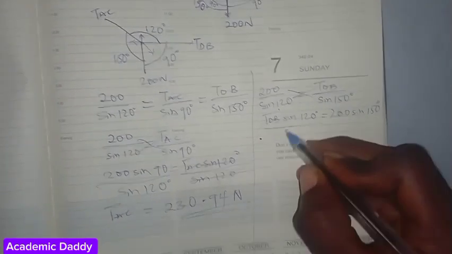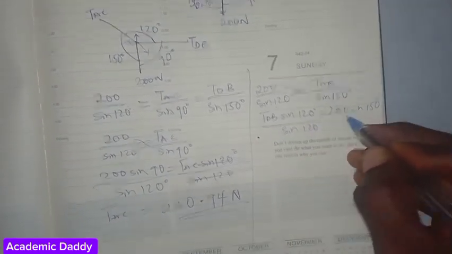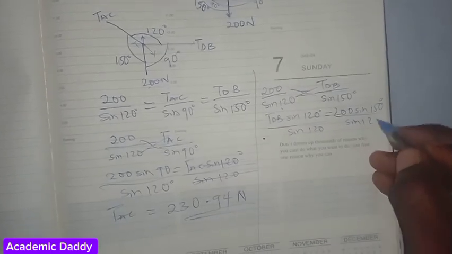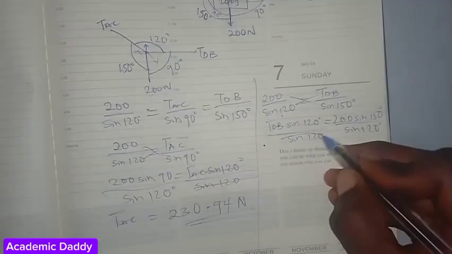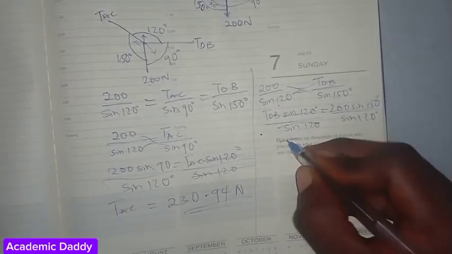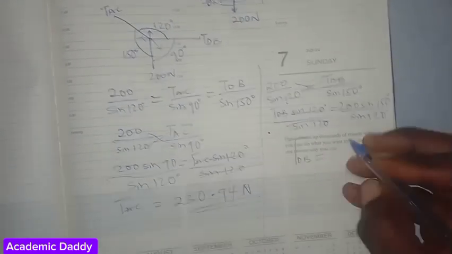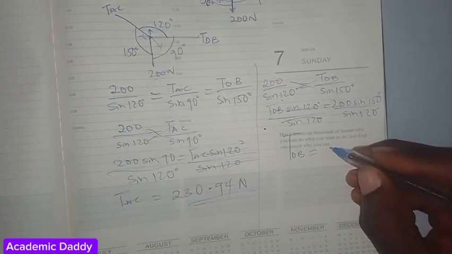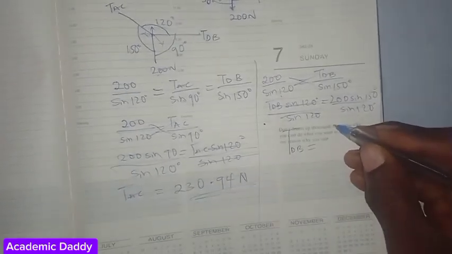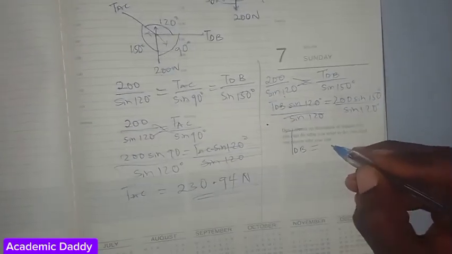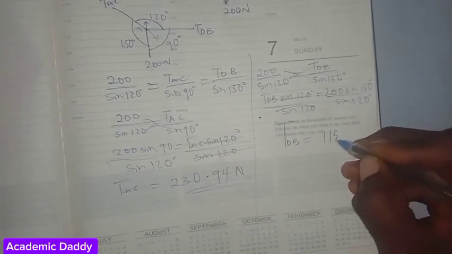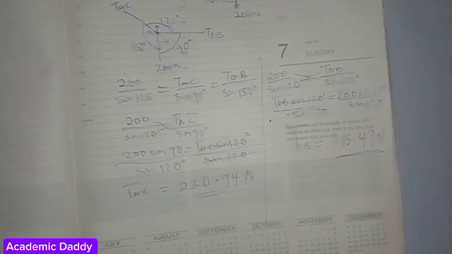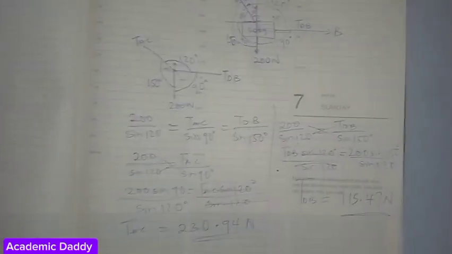Divide both sides by sine 120, so TDB equals 200 sine 150, which should give you 100. So 100 over sine 120 will give you 115.47 Newton. Punch your own, you get the same answer.